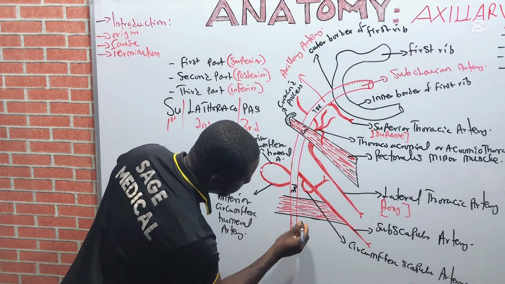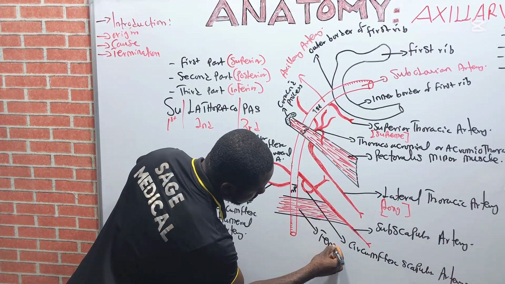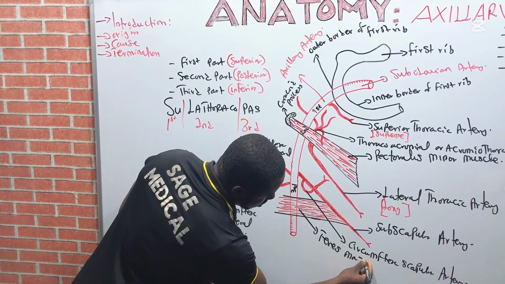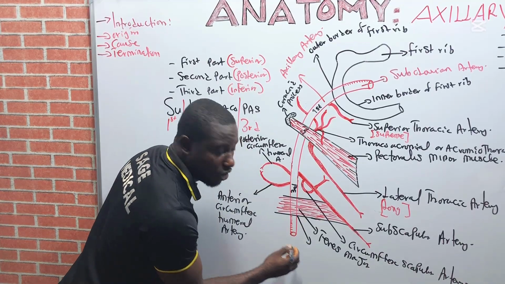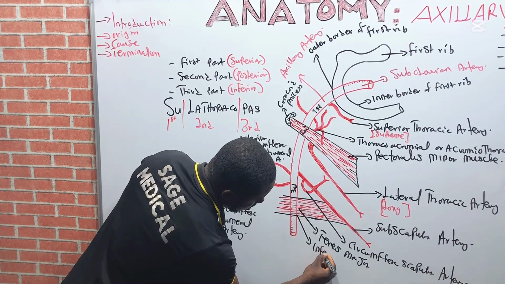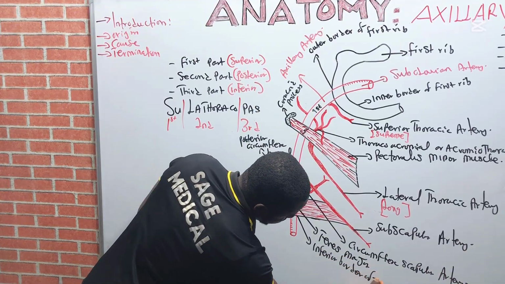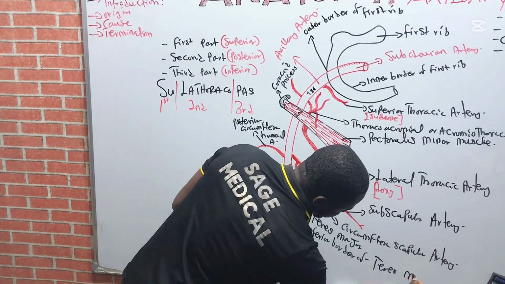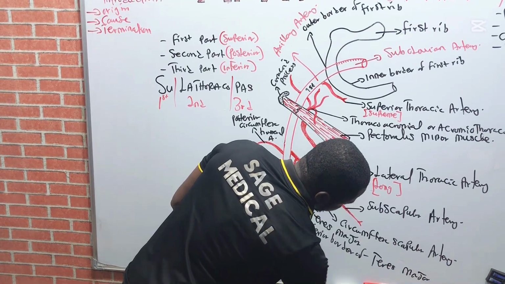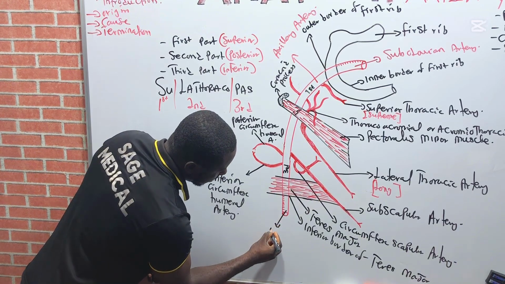So here, this is the teres major muscle. This is the inferior border of teres major, right? This is the brachial artery.